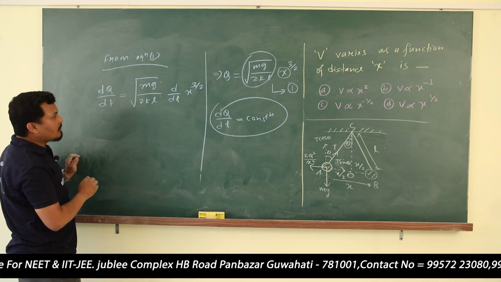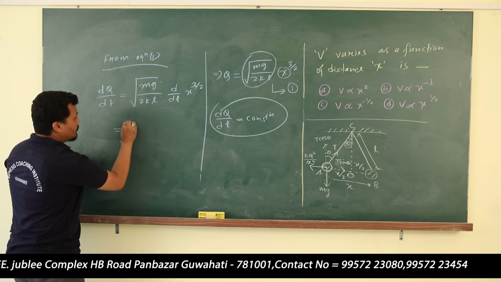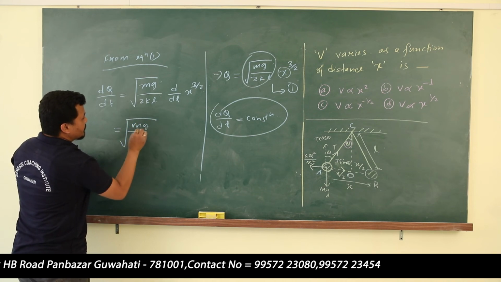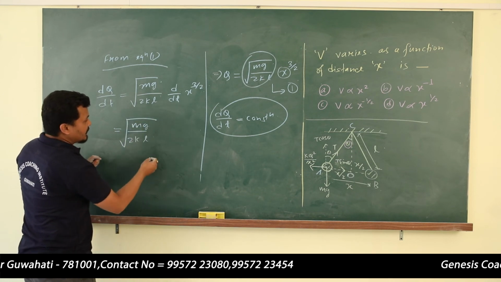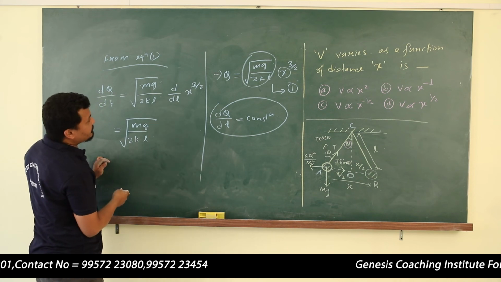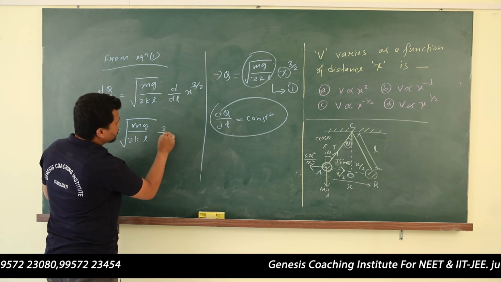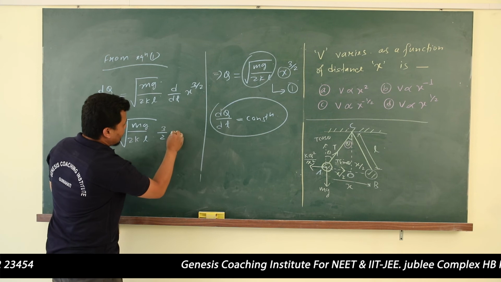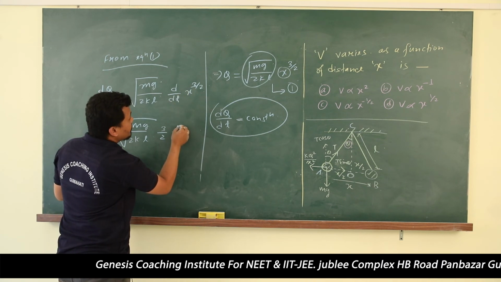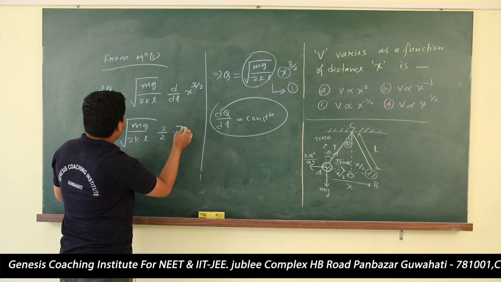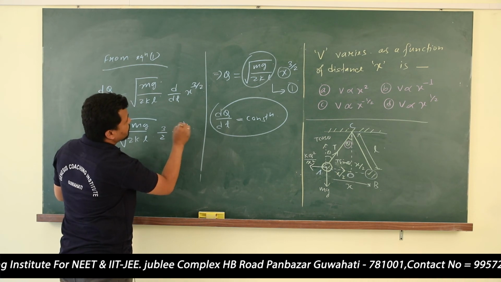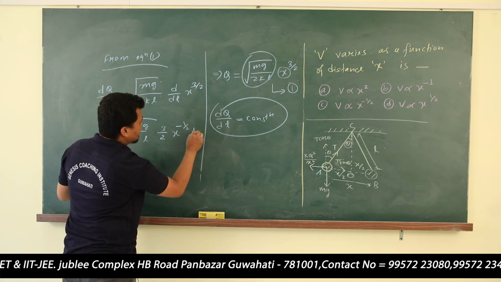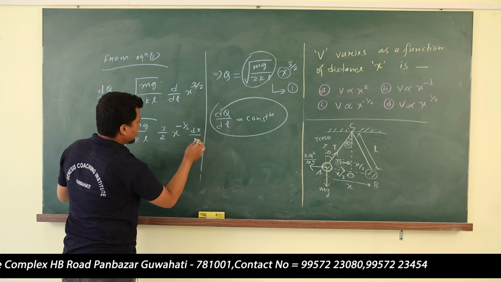Now solve it: root over mg by 2kL into the derivative, which is 3 by 2 x to the power half into dx by dt.